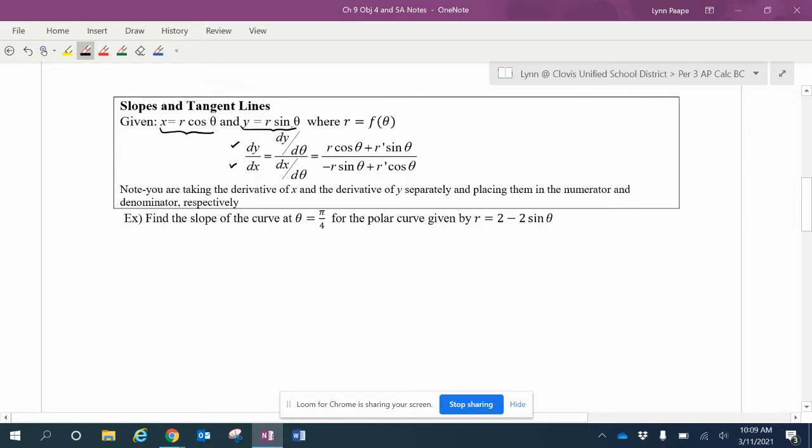And so we have parametric equations. So that derivative, instead of with respect to t, it'll be with respect to theta. So I have the derivative of y that I will have to take in terms of theta, and then the derivative of x in terms of theta as well. And so if I look at the numerator here, this is just the product rule.